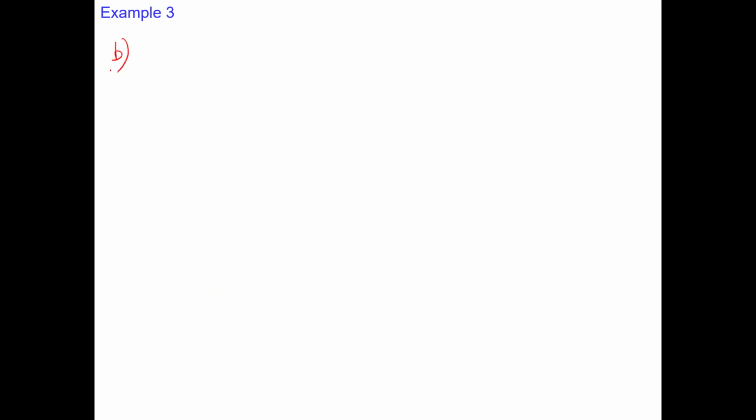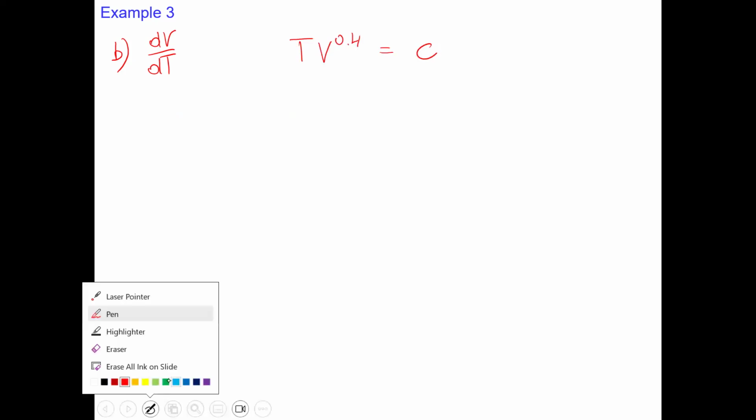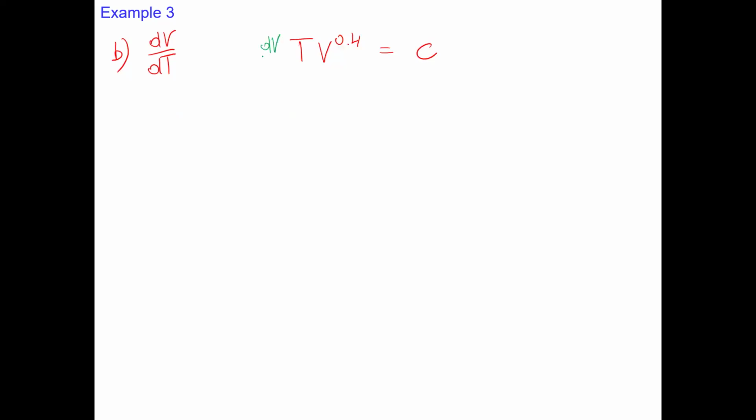We have to find dV/dT. Temperature times volume to the power of 0.4 equals a constant. Now I will differentiate volume with respect to the temperature. Differentiate volume, and temperature is the independent variable.